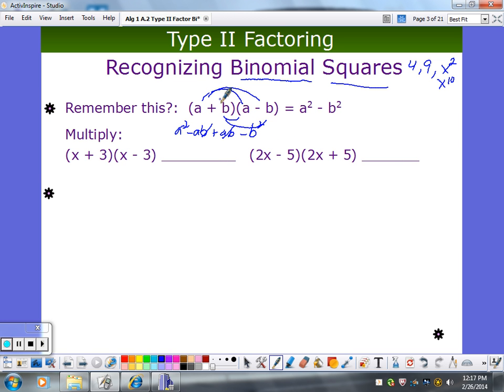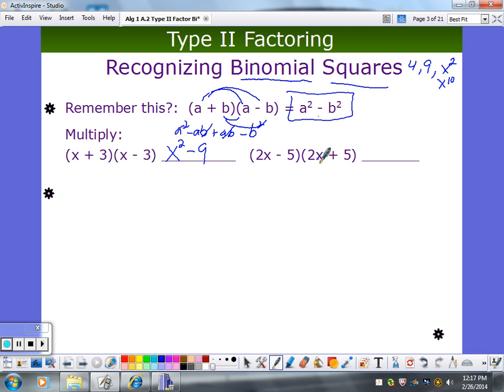So when you have a sum and difference pattern, it's a plus and a minus. You just multiply the first, multiply the last. Always going to be a minus, right? Because a plus times a minus is a minus. So let's review. If you have x plus 3 times x minus 3, what's that going to be? X squared minus 9. Good.